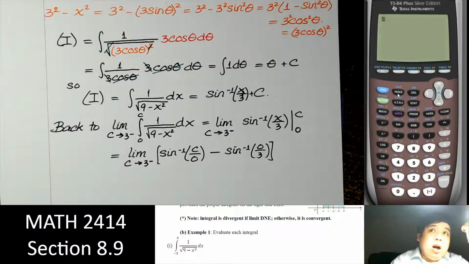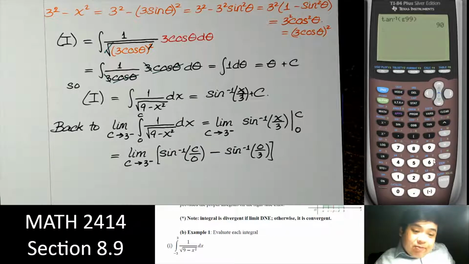Earlier we did have tangent inverse of a very big number. Let's see if we can use that for infinity. That works. 90 degrees. Now we'll try the same thing here.